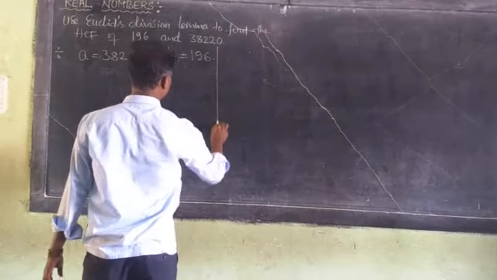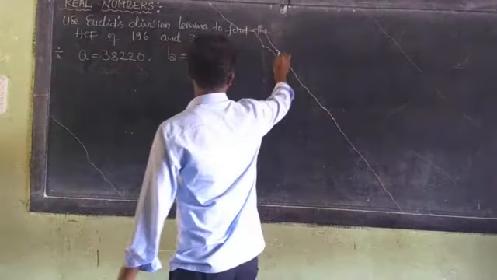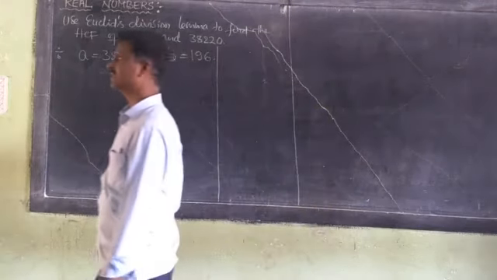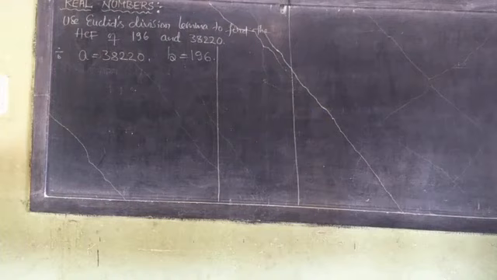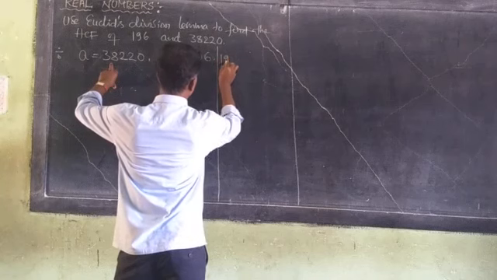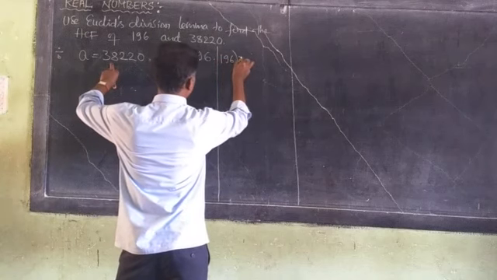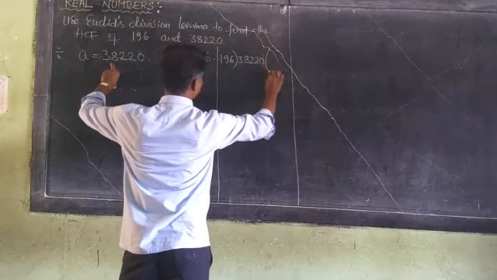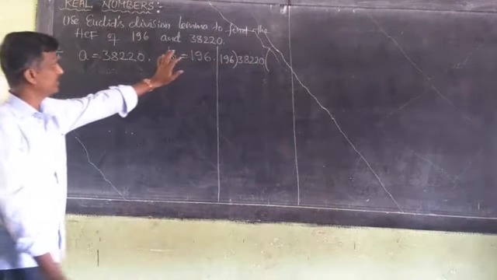The first step using the Euclid division lemma is to divide the dividend by the divisor. We can divide 38,220 by 196.